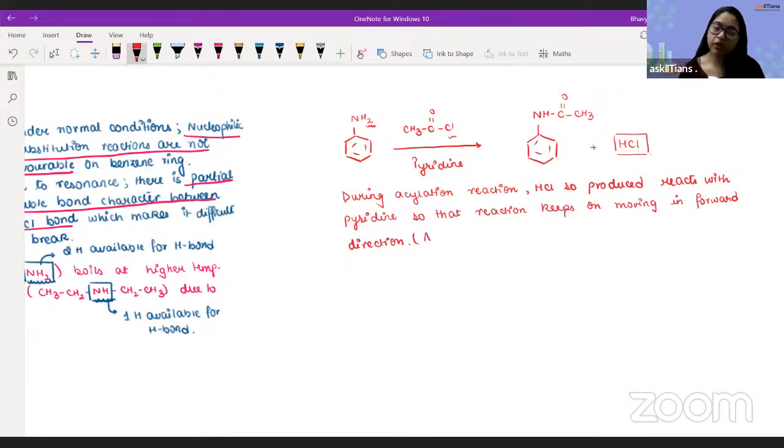This is as per Le Chatelier's principle.